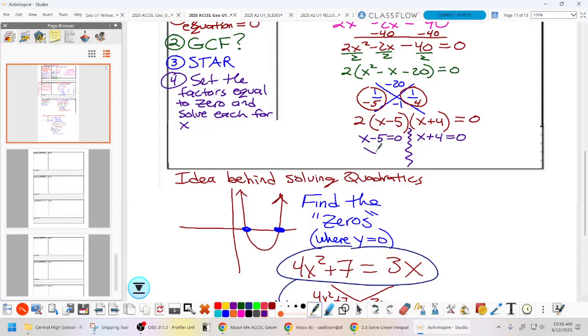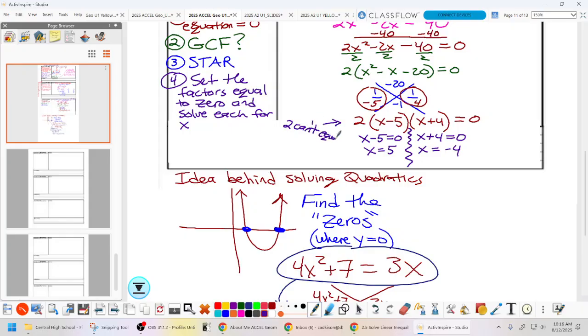And x equals 5. How about over here? How do you get x by itself? So what is x? Negative 4.